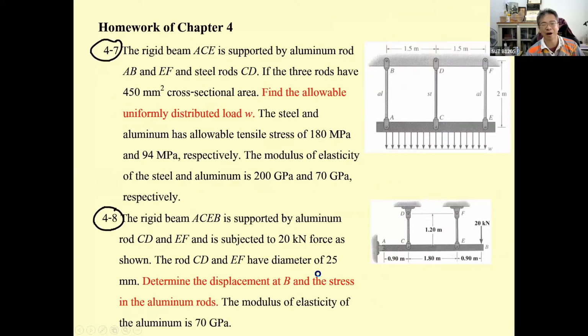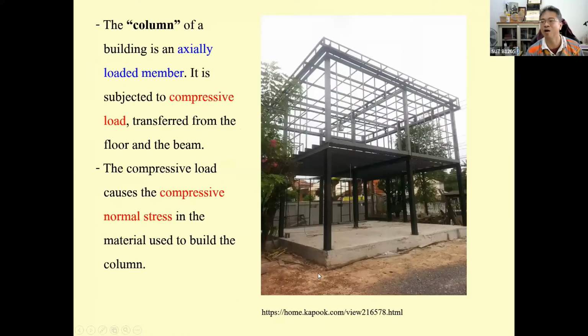Okay? And now come to the real world problem. Taking this real world problem at least allows you to stimulate your learning. You guys are going to build a house. In your generation, it may be different from mine. In my generation, most houses were built with reinforced concrete.